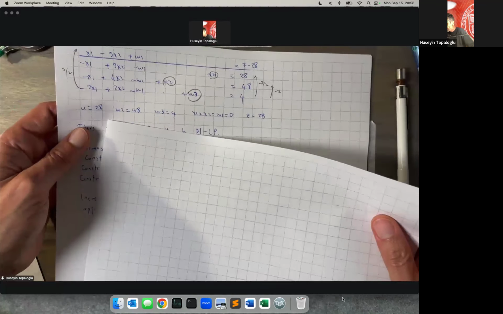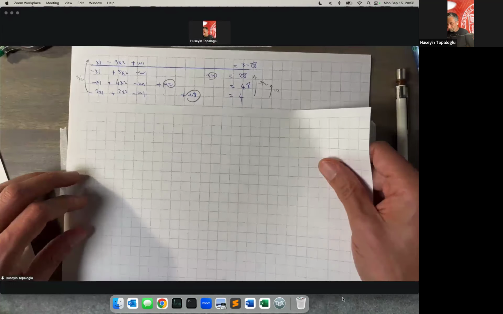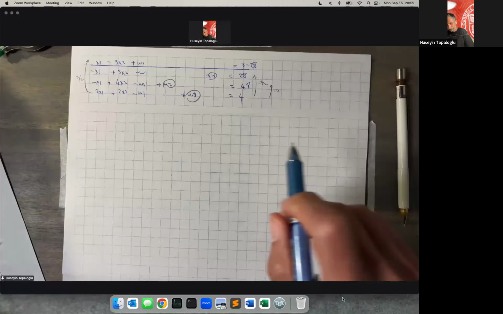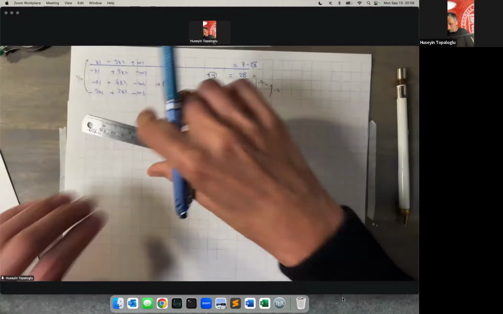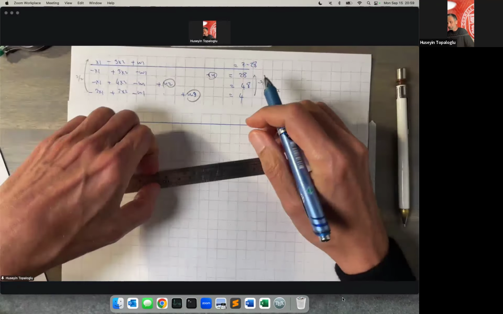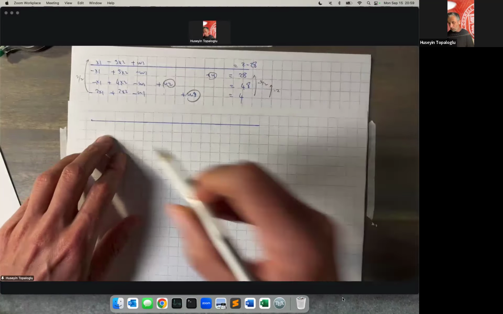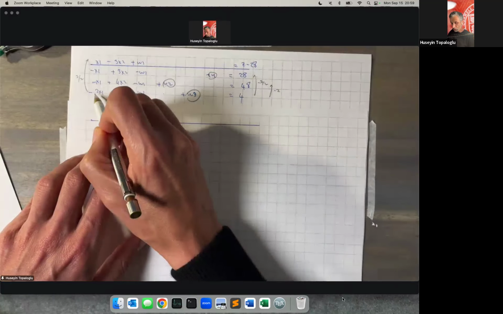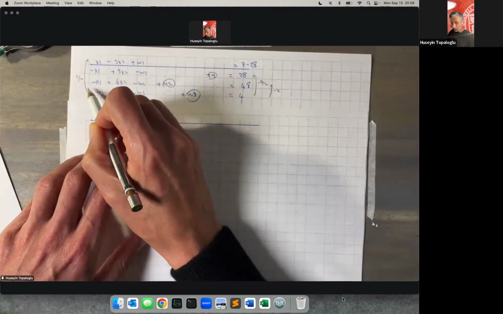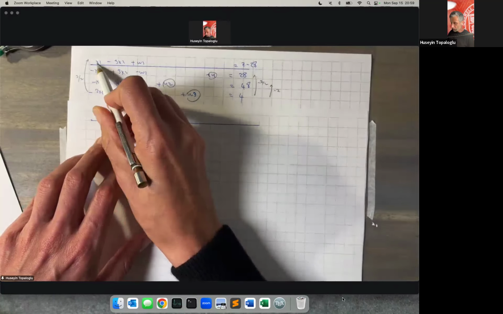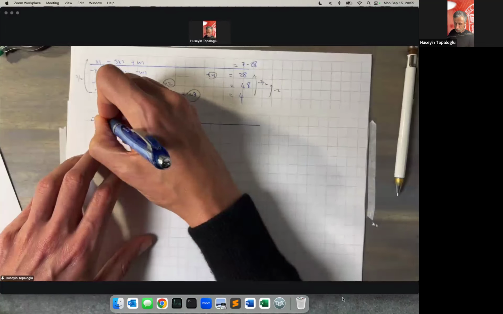Let's do those row operations. Let's take care of the objective function row. Minus 2x1 times 3/2, that is going to give us minus 3x1, plus another x1, that is going to give us minus 2x1.